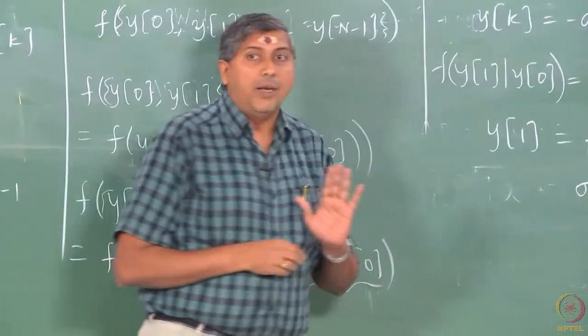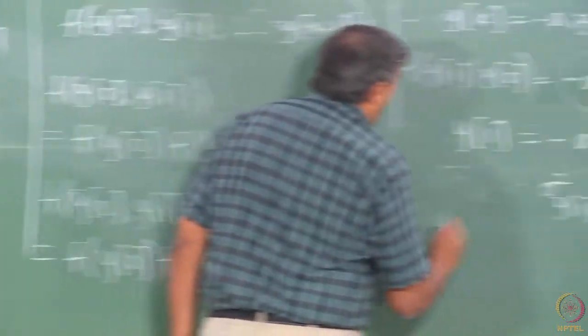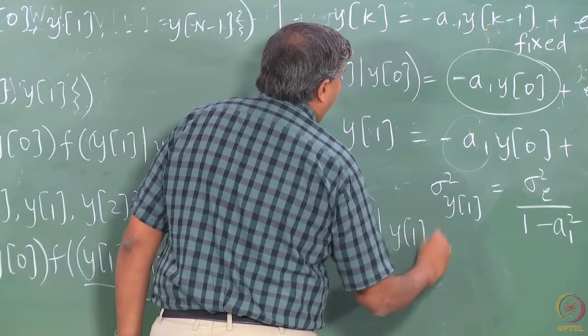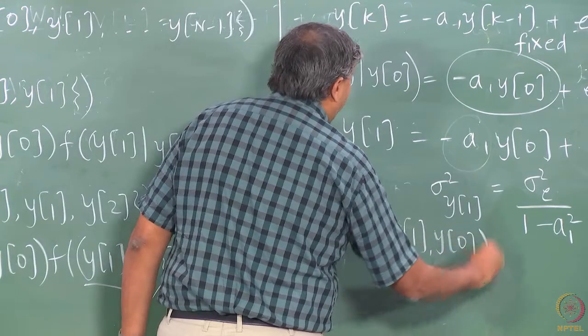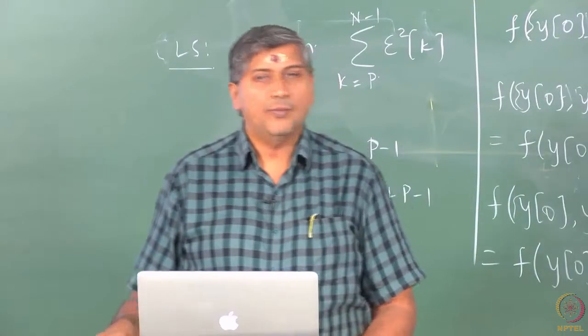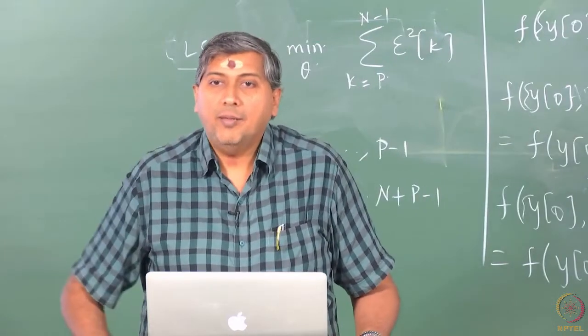Okay. So, that is one of the reasons why we are looking at this. But the other reason is, suppose I move on and I look at y2, let us say given y1 and y0. Suppose I consider the next instance, but now I am given 2 past observations. Would the story be the same?